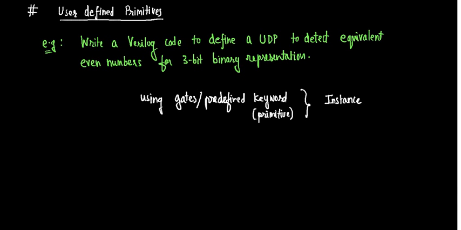Predefined keyword or primitive, it may be a module which you have defined. Then connecting interconnections or wires are also called nets.